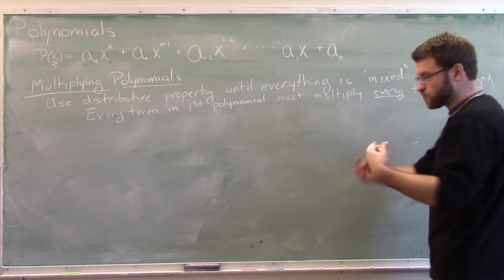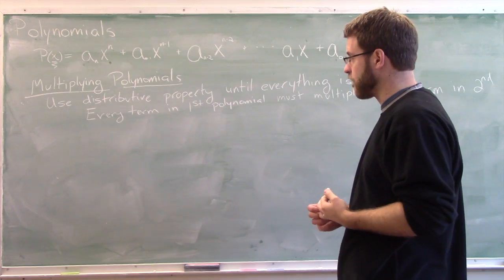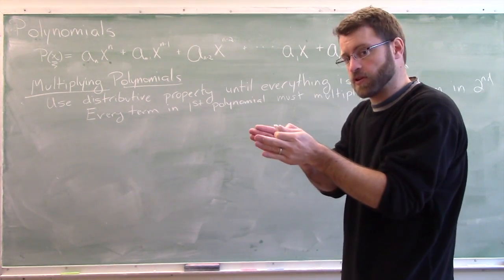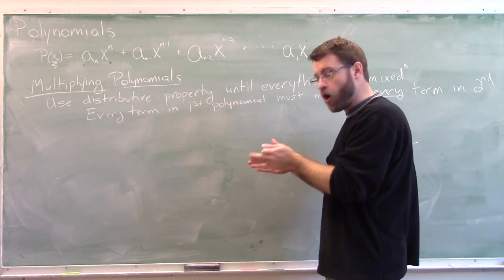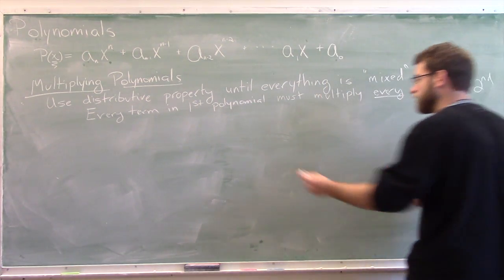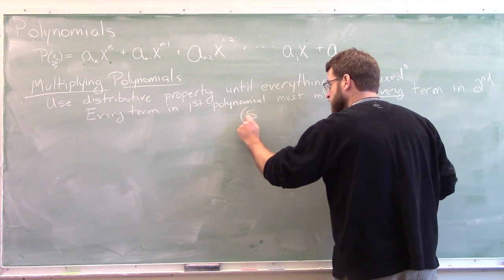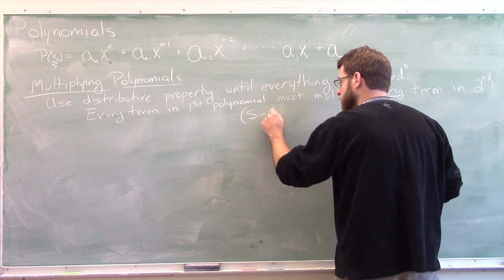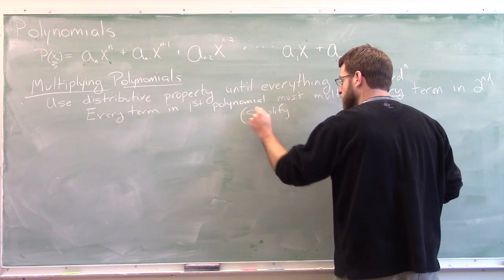Okay, so that's what's required when we do this multiplication of polynomials. All the things in the first polynomial have to multiply all the things in the second polynomial. Once we've combined all these things together, then we simplify by combining like terms.